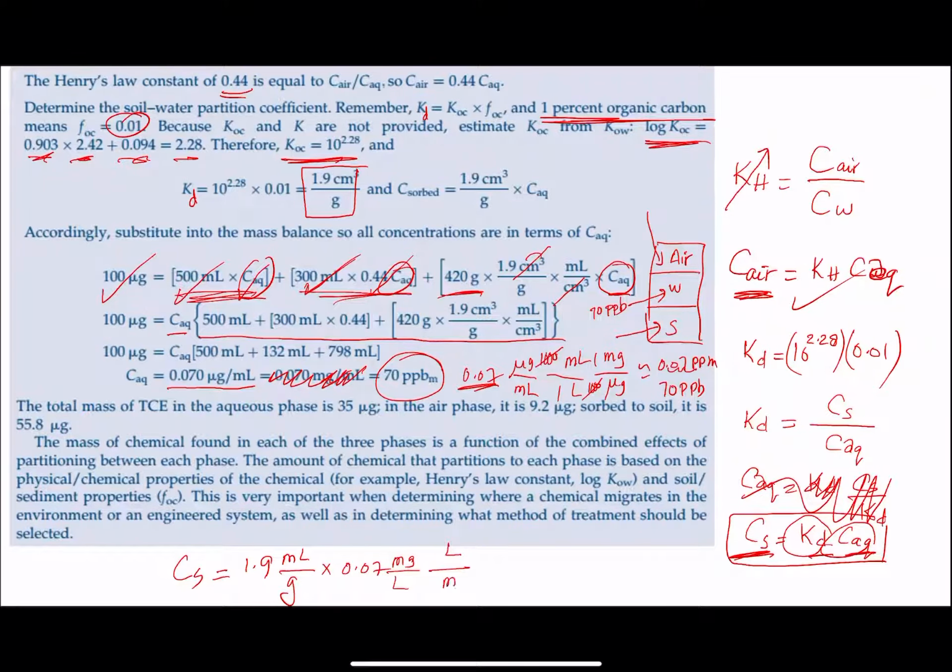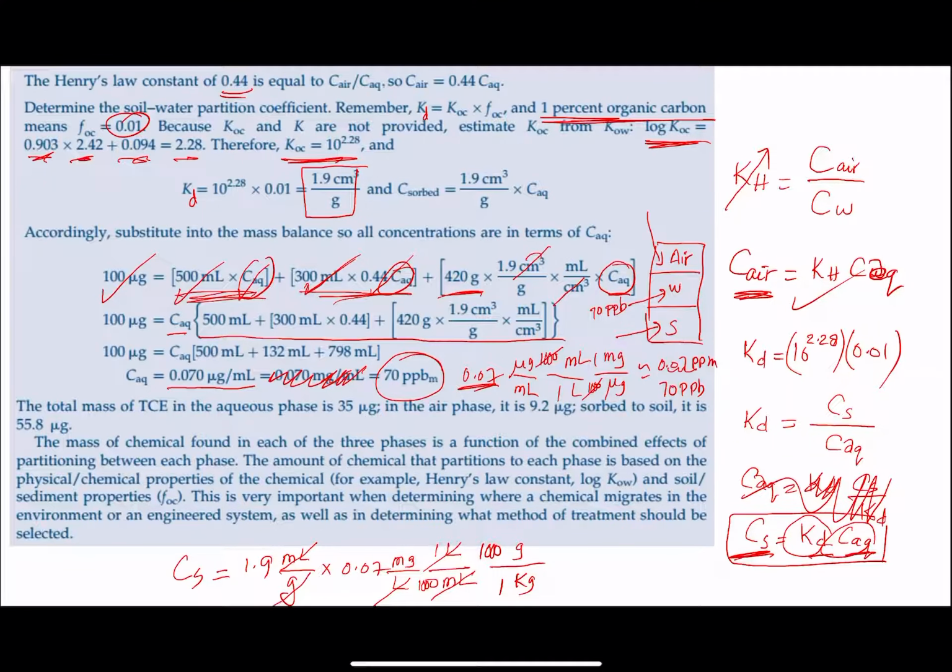Milliliter with milliliter and milliliter with liter. Now since we're talking about solids, we have to make it milligram per kilogram. So gram per kilogram, 1 kilogram is 1,000 grams.